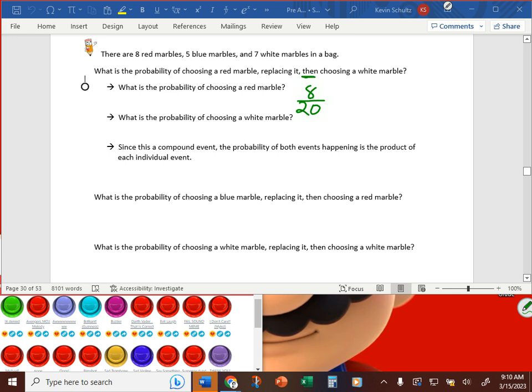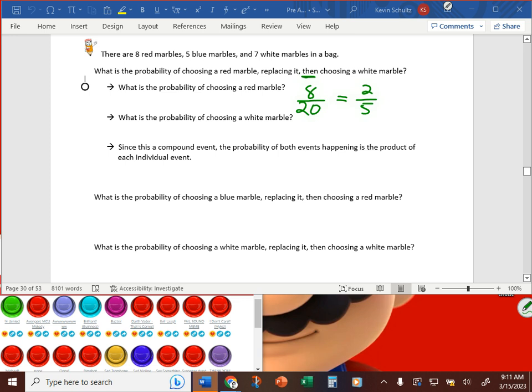Probability is successful divided by possible. Now, just for simplicity, if we were to simplify the fraction 8/20, what would we get? 4/10, go a little bit further. 2/5. If you put it in your calculator, you get 0.4, 40%. But the probability of choosing a red one is 8 out of 20 or 2 out of 5.